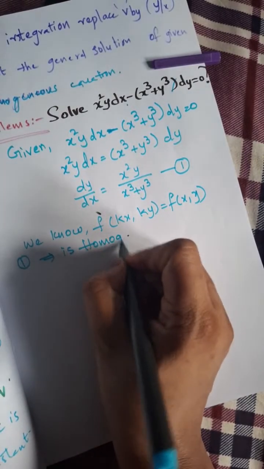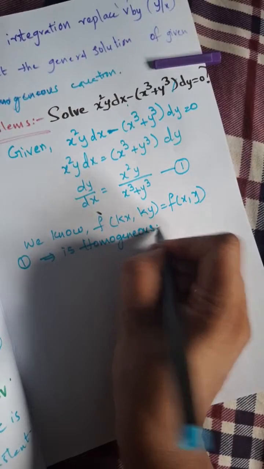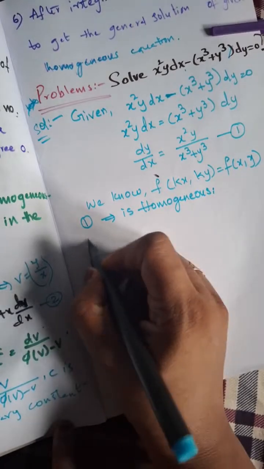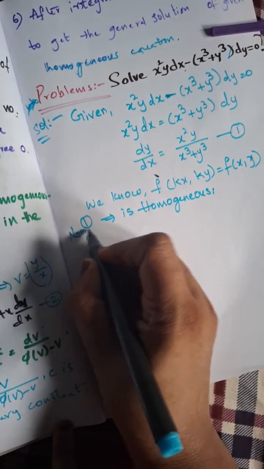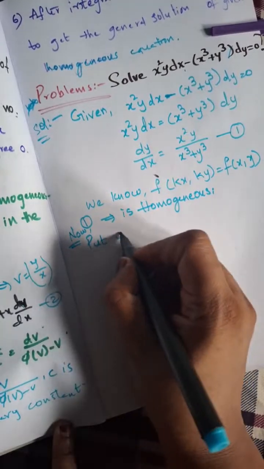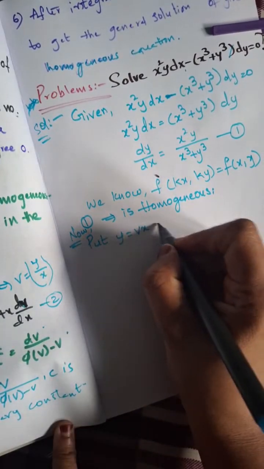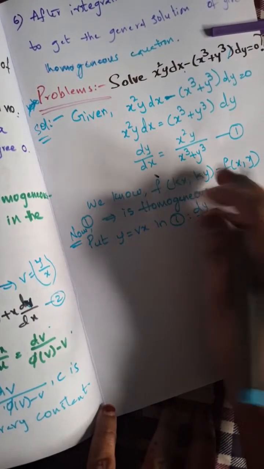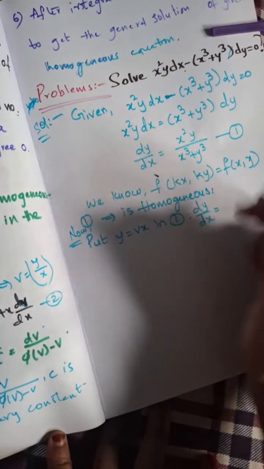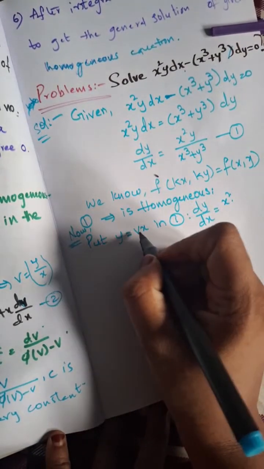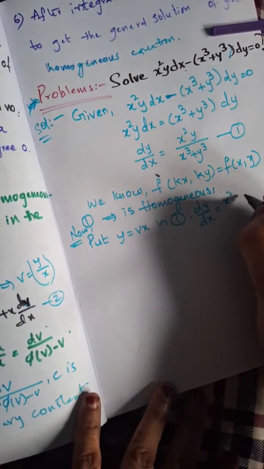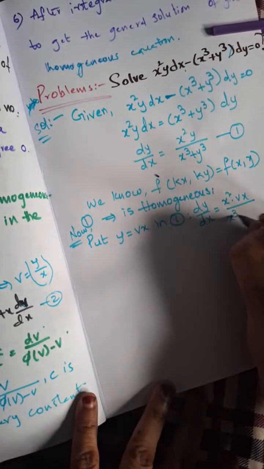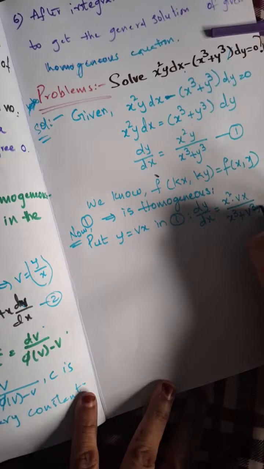Now from equation 1, it is a homogeneous function. Now, second, we have to apply the rule, that is put y equal to vx in 1. So 1 becomes dy by dx equal to x square into y, meaning v into x, by x cube plus y cube, meaning v cube x cube.